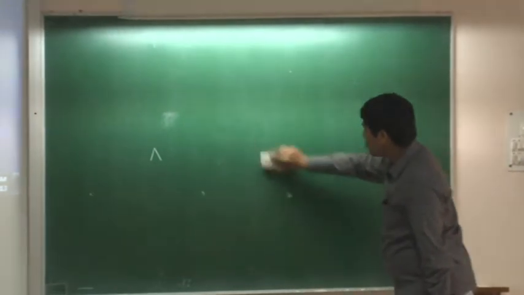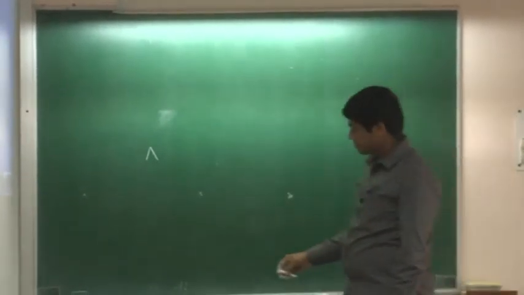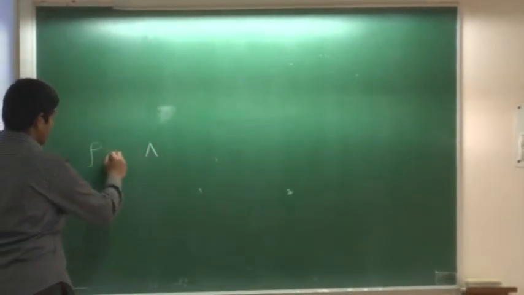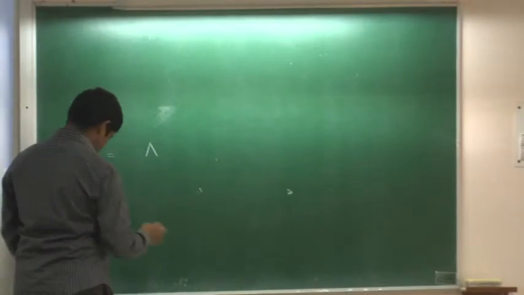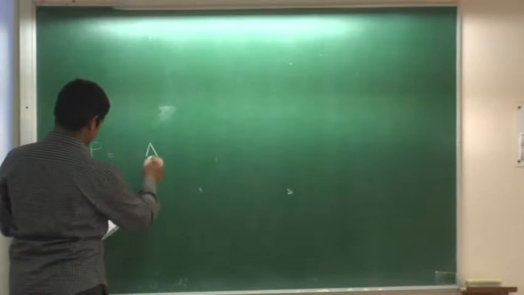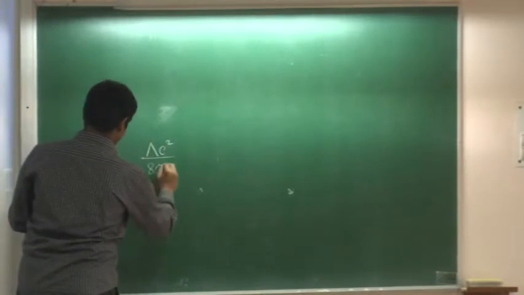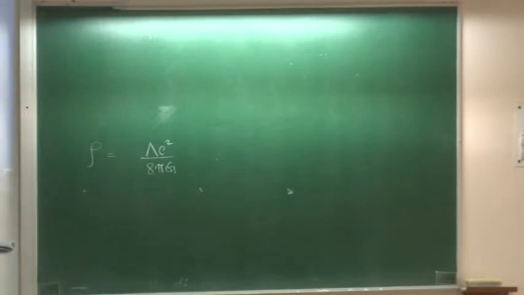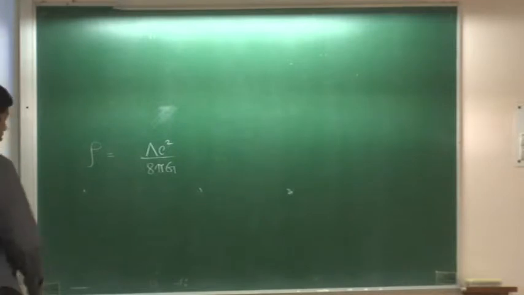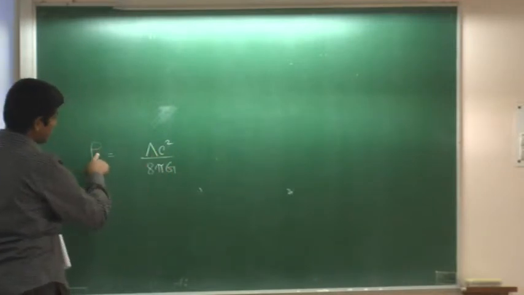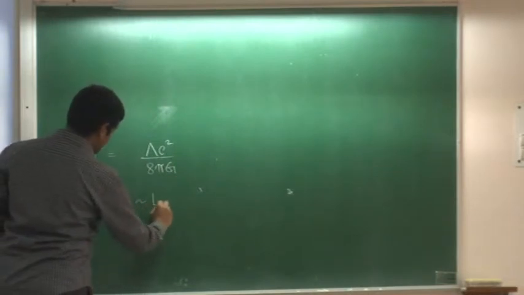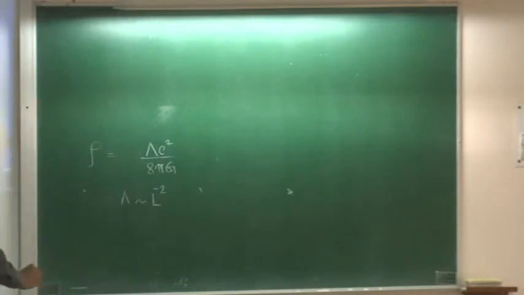Now, to remember what lambda is, we had put lambda into the Einstein equation, and the rho for lambda was this. Now, we know the dimension of rho, right? We know the dimension of c and G. If you calculate the dimension of lambda, it comes out to be L to the minus 2. And we know more.